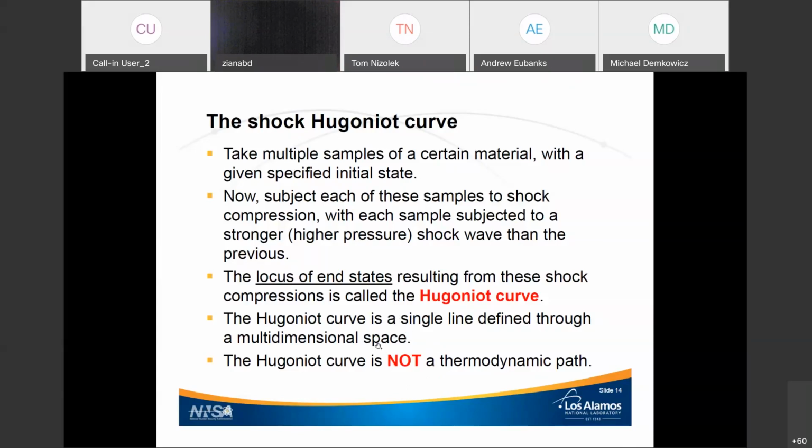Now, just because it's not a thermodynamic path doesn't mean that it can't be useful for thermodynamic calculations. And the reason is, of course, it defines a single line in pressure, volume, energy space. Notice I haven't said anything about temperature, and there's not going to be a lot said about temperature.